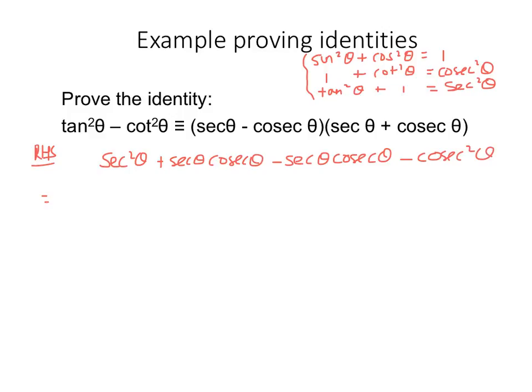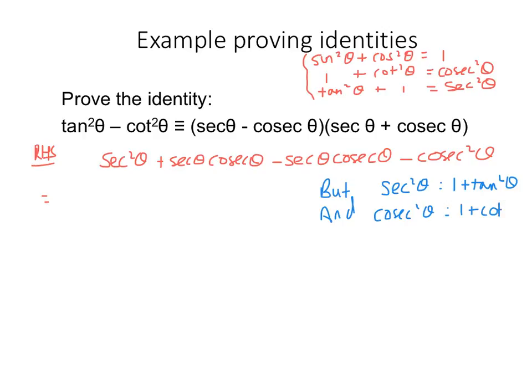Now using my identities, and I should really write these down, I can say that sec squared theta equals 1 plus tan squared theta and cosec squared theta is equal to 1 plus cot squared theta.